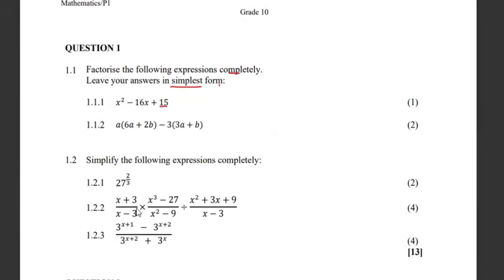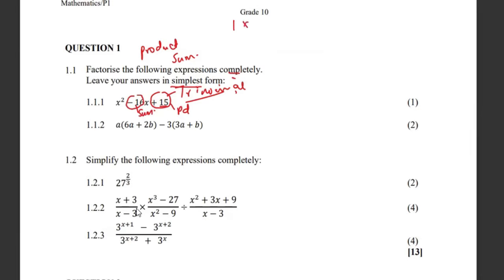What we can see is this is a trinomial, a quadratic trinomial. A quadratic trinomial deals with the product and the sum of the expression. So this 15 here represents our product, and the negative 16 represents the sum of the expression. So which numbers do we multiply to give us 15?